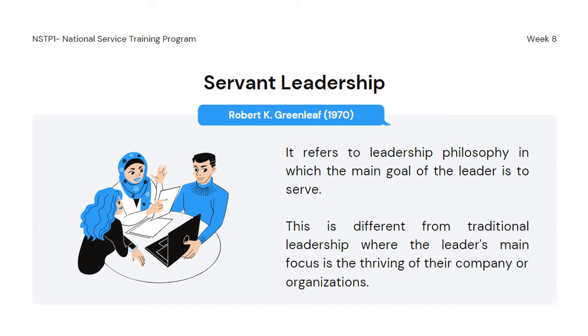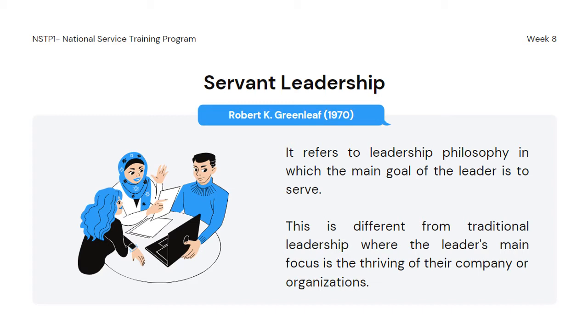So what is servant leadership? This term was first coined by Robert K. Greenleaf, 1970. It flips the typical leadership script by putting people ahead of power.